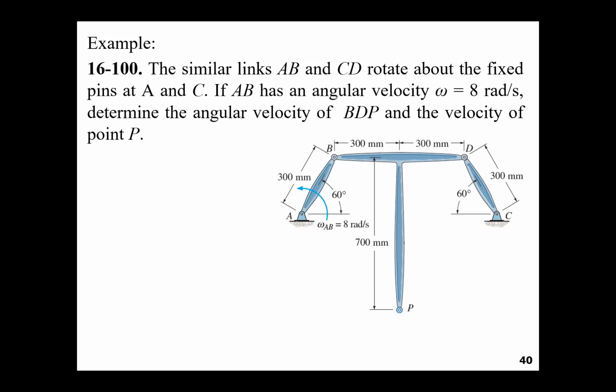So you know that when you have omega of AB, you can find velocity of any point on AB, right?